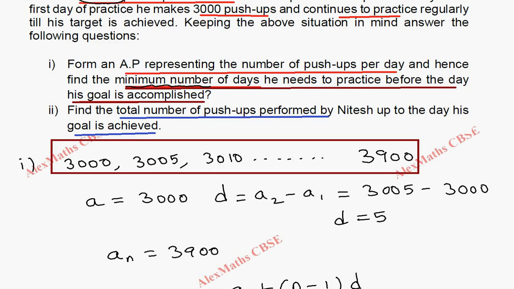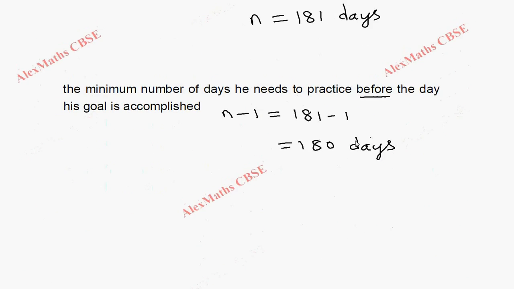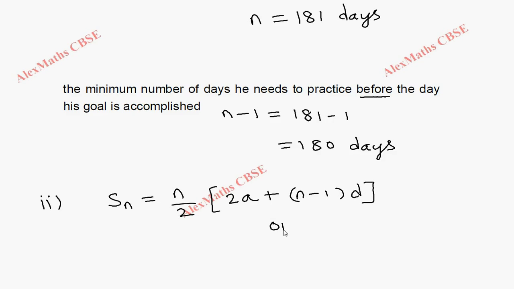So we are going to use the Sn formula. The formula for Sn is n by 2 into 2a plus n minus 1 into d, or if I know the last term, we can use n by 2 into a plus L. L or an both are the same.